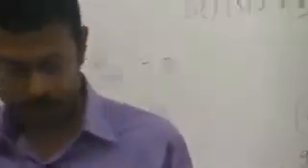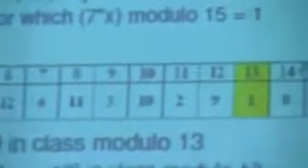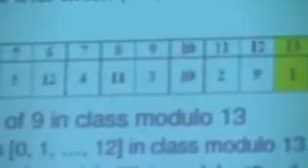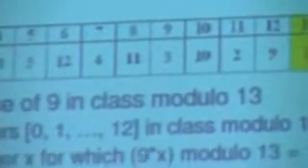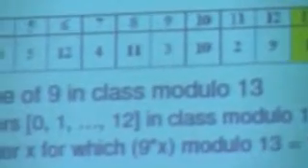Like as I have here, if you want to find the multiplicative inverse of 7 in the class modulo 15, again you have only integers from 0 to 14. So one among those 15 integers, 0 to 14, if you multiply with 7, the product, again in the modulo 15 context, should be 1.